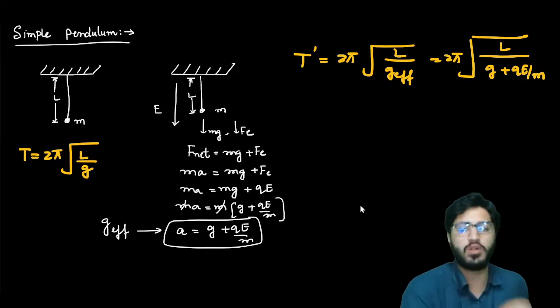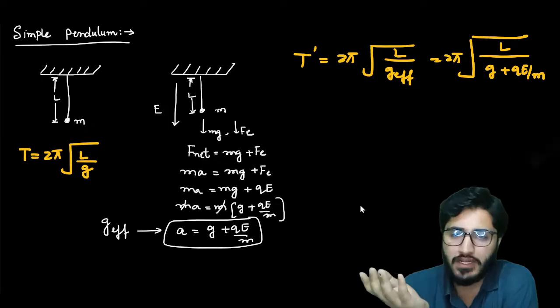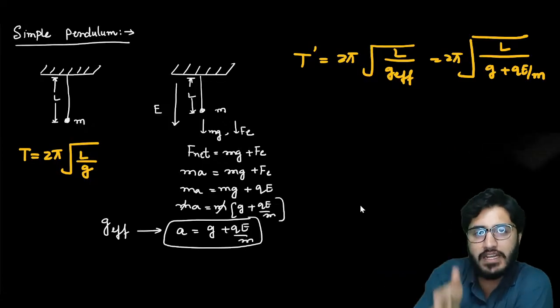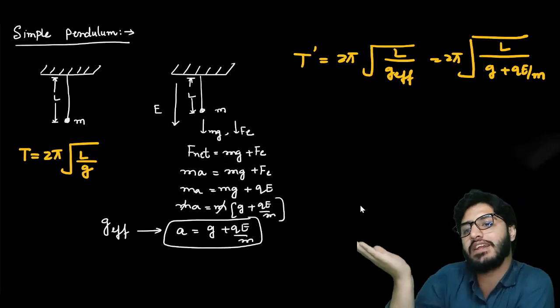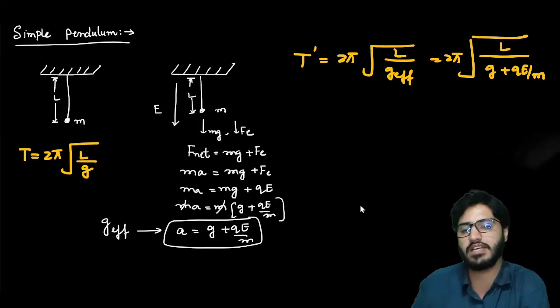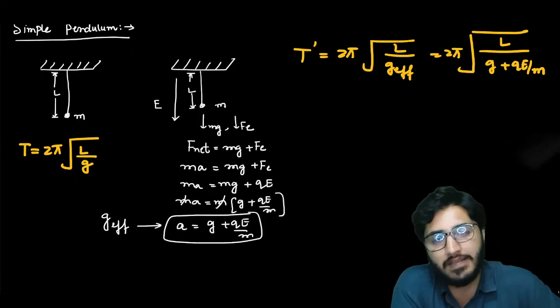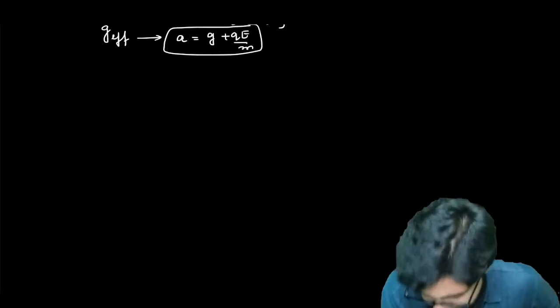So let us change the whole scenario now. In this particular case, we had applied the electric field in the vertical direction. Now let us put an electric field in the horizontal direction, and then check what will be the effect on the time period. Look how we can do it.